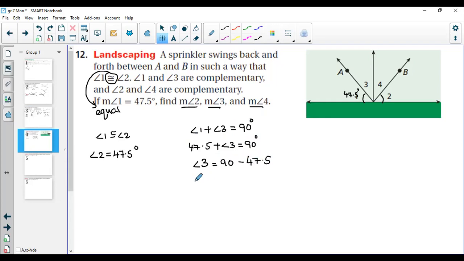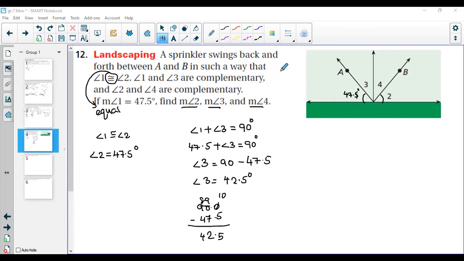This is mental math, because I have to make sure all of you are following the steps properly. As you know, you're not allowed to use calculators. So this is going to be 42.5. So angle 3 is going to be 42.5 degrees.